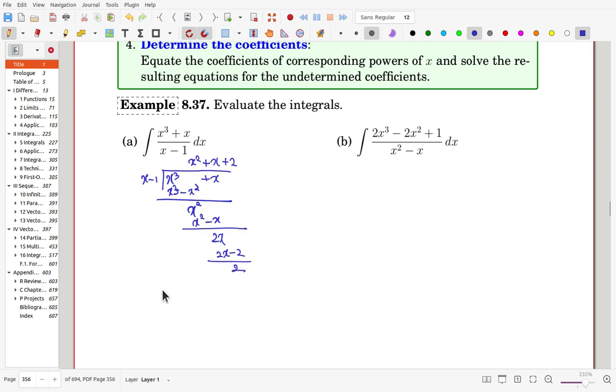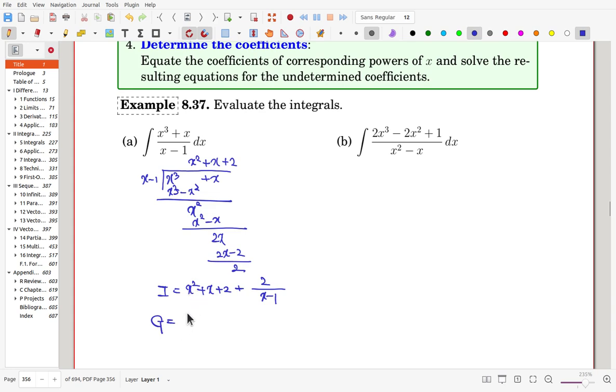That means the integrand is the same as the quotient, x squared plus x plus 2, and the remainder is 2, and then the divisor is x minus 1. Now this is already a linear factor, so the given integral can be easily integrated.